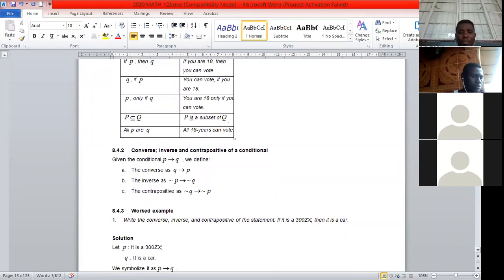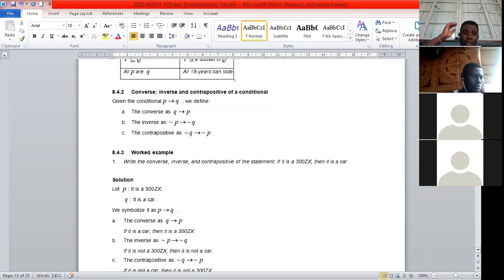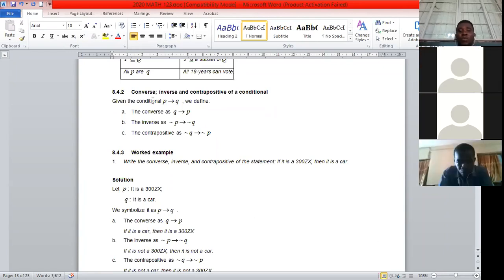So the way we can represent these conditionals: we have the converse of the conditional, the inverse, and the contrapositive of a conditional.